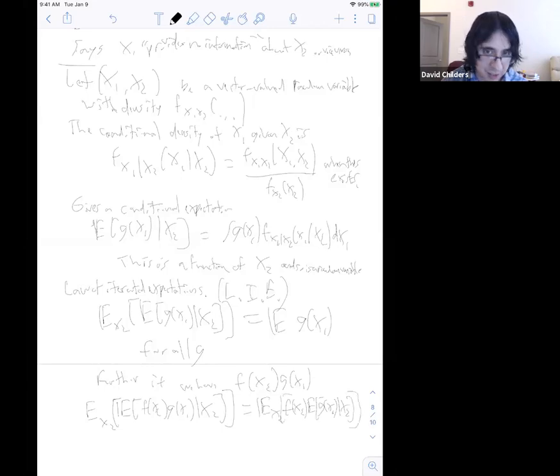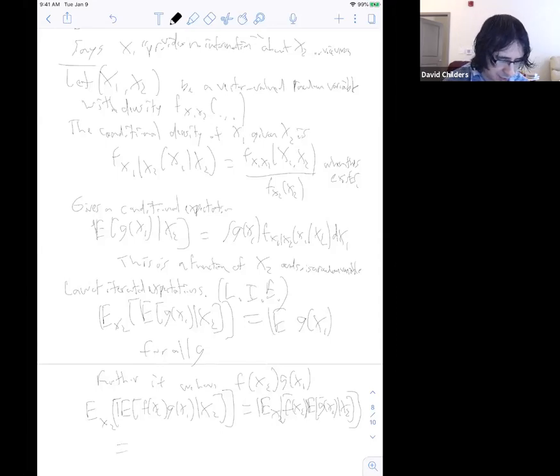So we can take any function of x2 outside of the conditional expectation. It's constant with respect to x2. So holding x2 fixed, we can multiply that out.